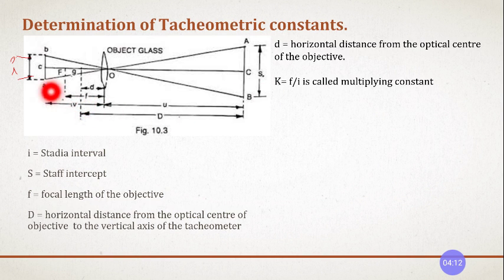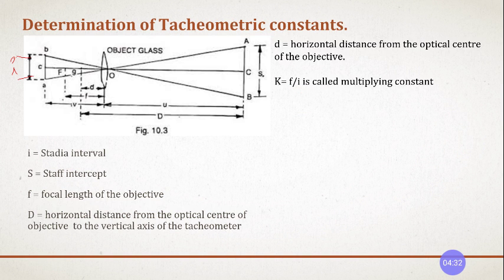F divided by I, the focal length of the objective divided by the stadia interval, will give us the multiplying constant, that is K, small f upon I, right?